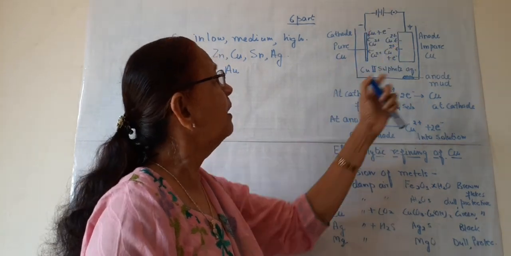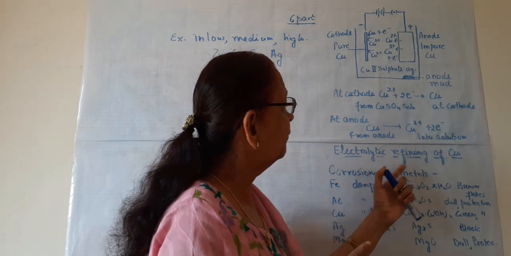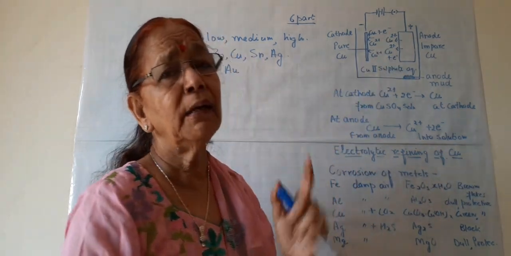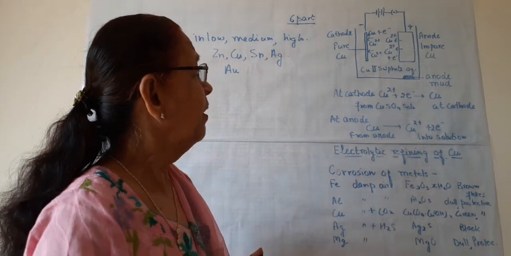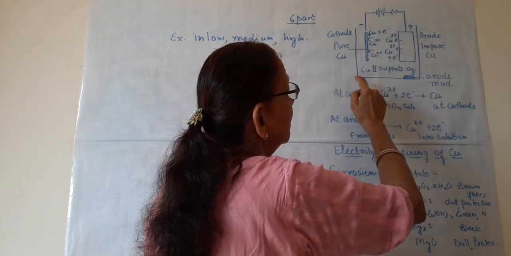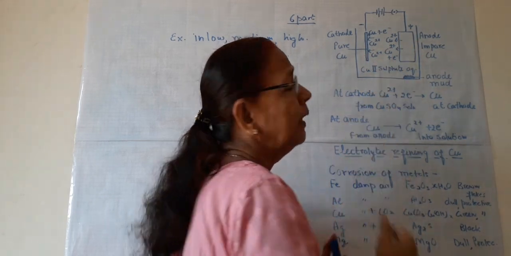I have drawn an electrolytic cell, and electrolytic refining of copper has been shown here in this figure. This is a container, or a vessel or a beaker you can take, and these are two electrodes.